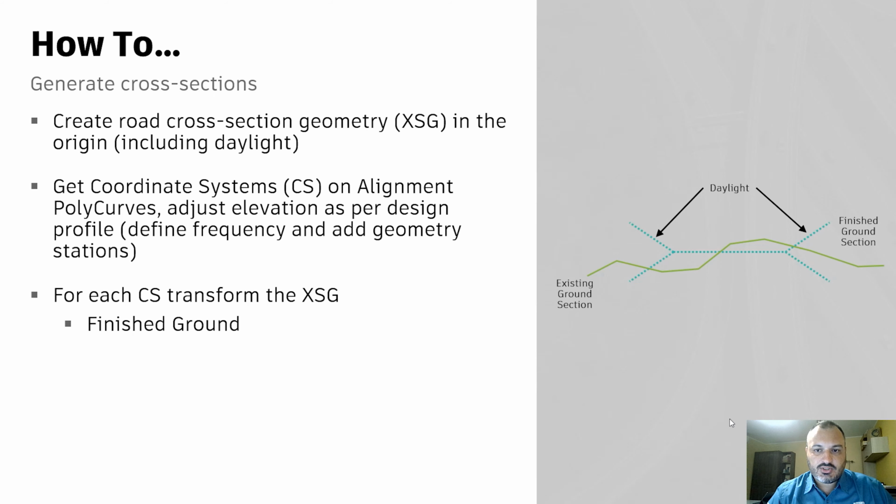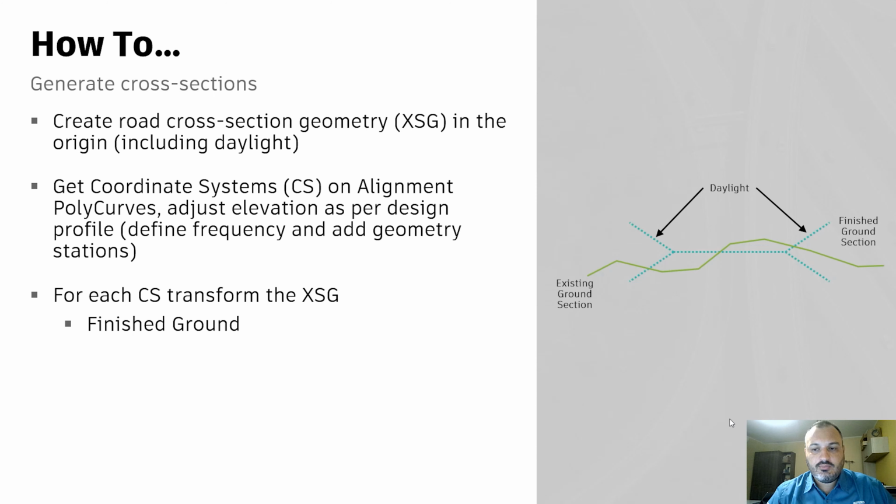So these cross sections need to be propagated along the alignment, and they need to follow not just the alignment but also the design profile. So they need to be adjusted on a vertical, along the z-axis, basically.